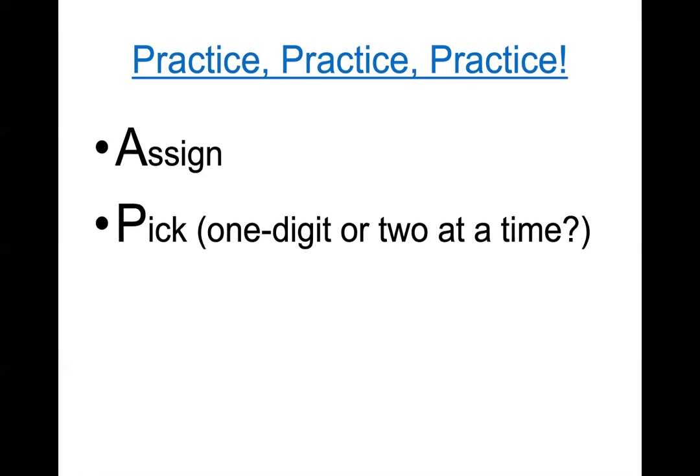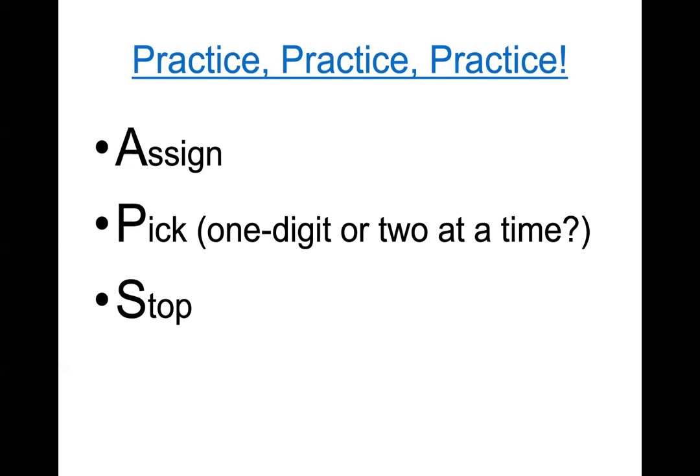The next thing you want to talk about in your design is picking. Am I picking one digit or 2 digits at a time? In the previous example, I said to specifically pick 1 digit at a time. There are some cases where you might need to pick 2 digits at a time, so you have to see the situation to decide which to pick.